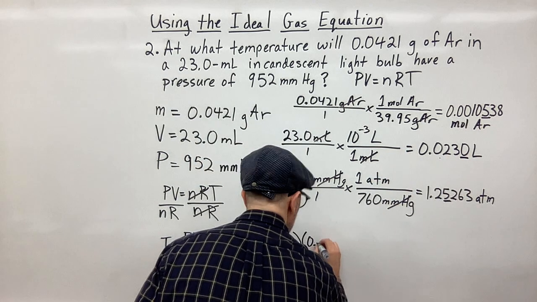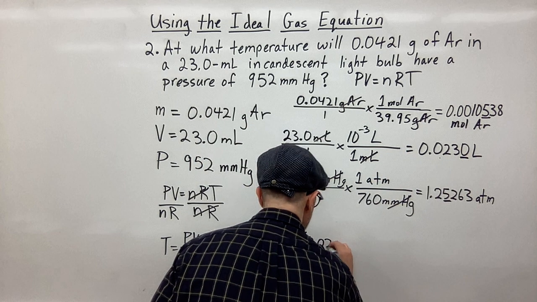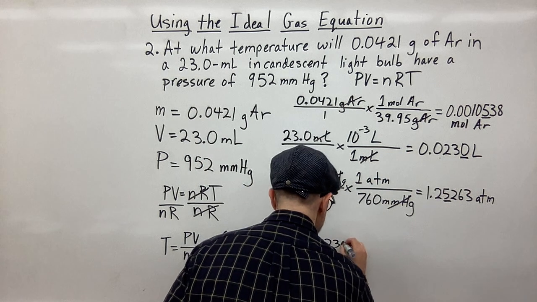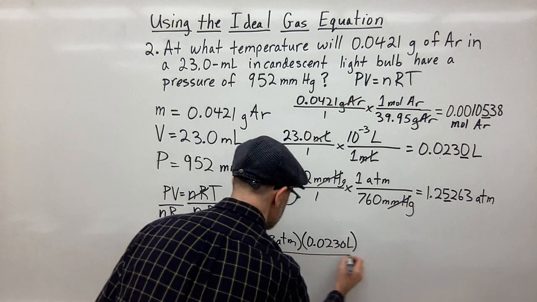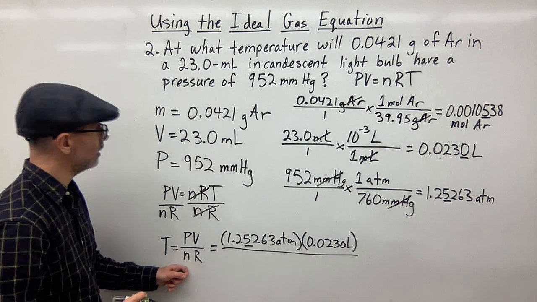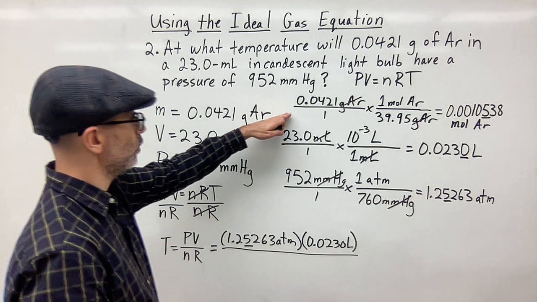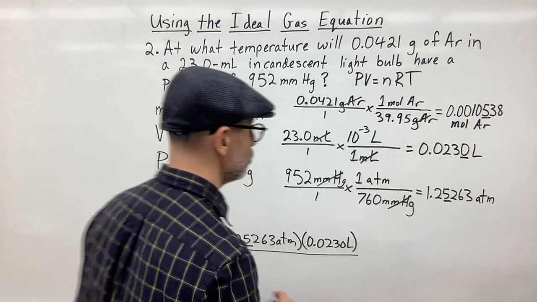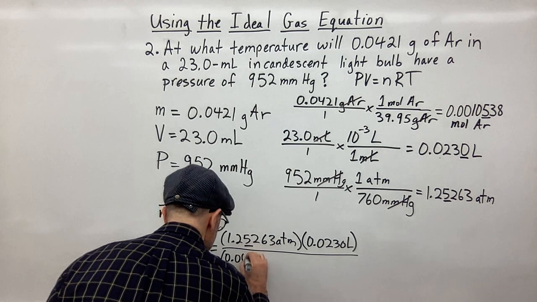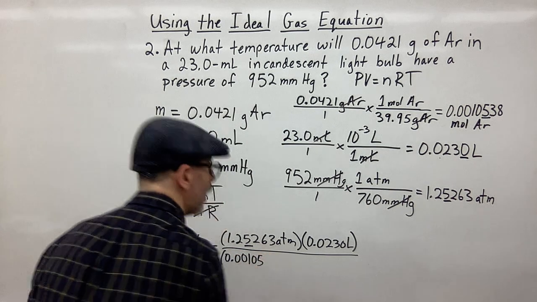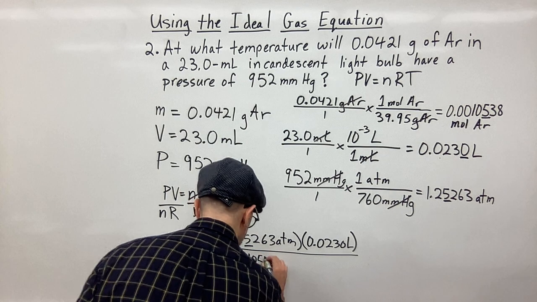So 0.0230 liters. And then I'm going to divide by n. n, we got here 0.001053.